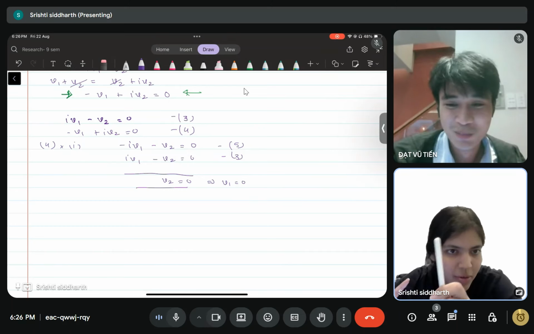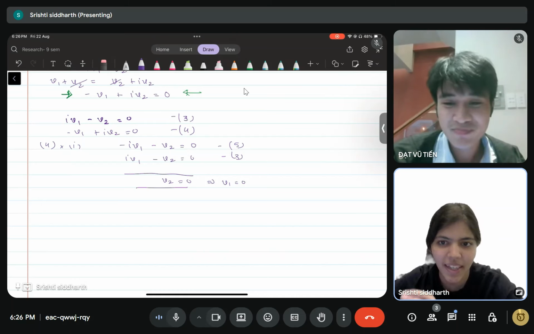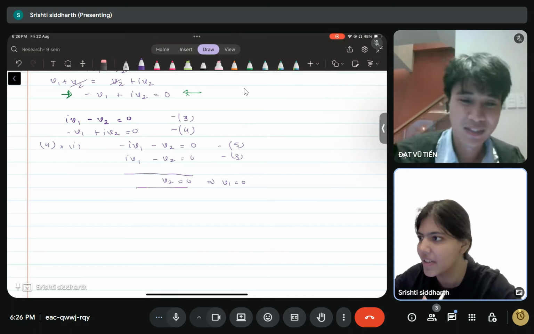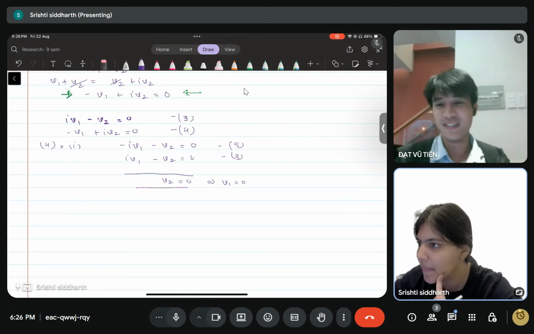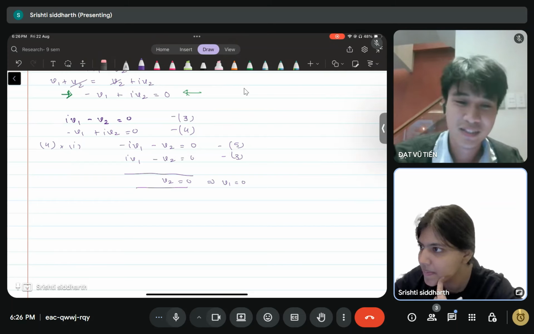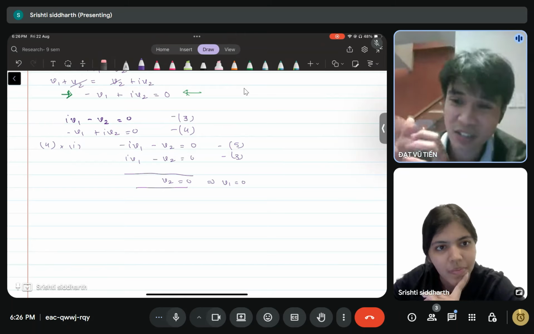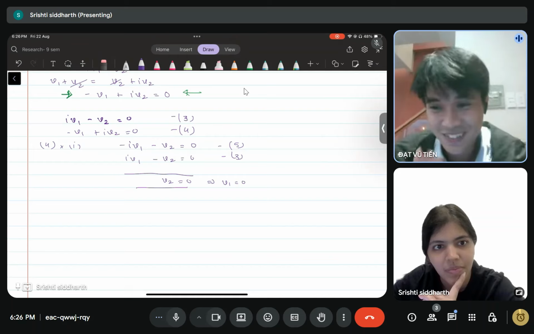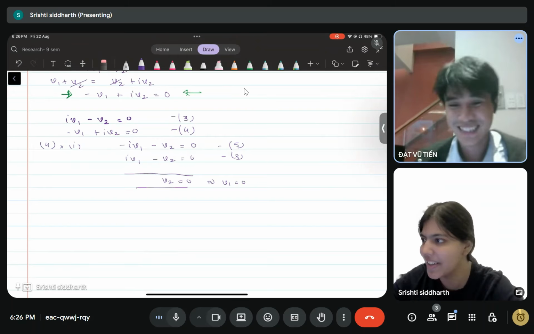We want a non-zero vector v such that Av equals lambda v. So v can never be a zero vector if it's an eigenvector.